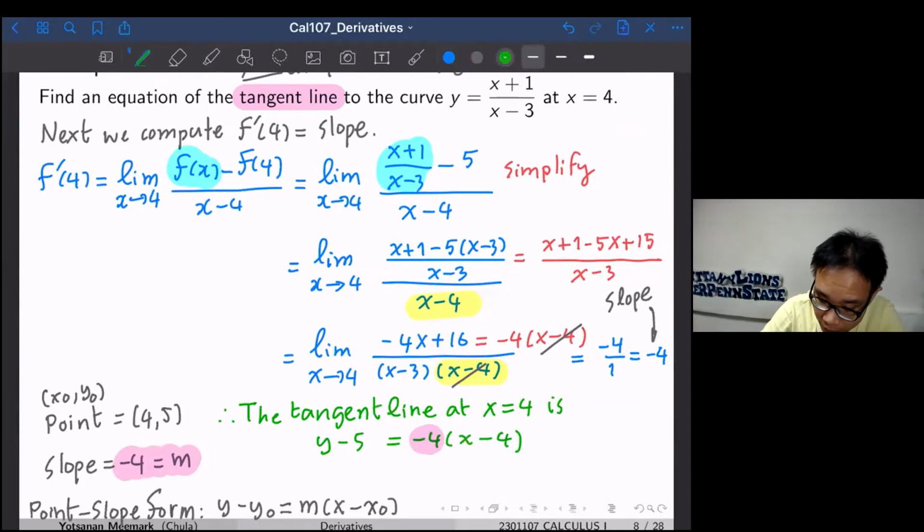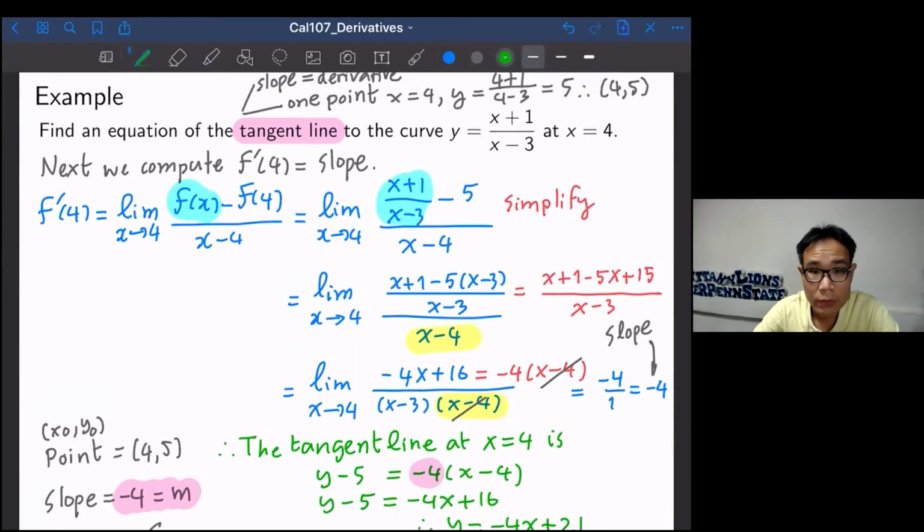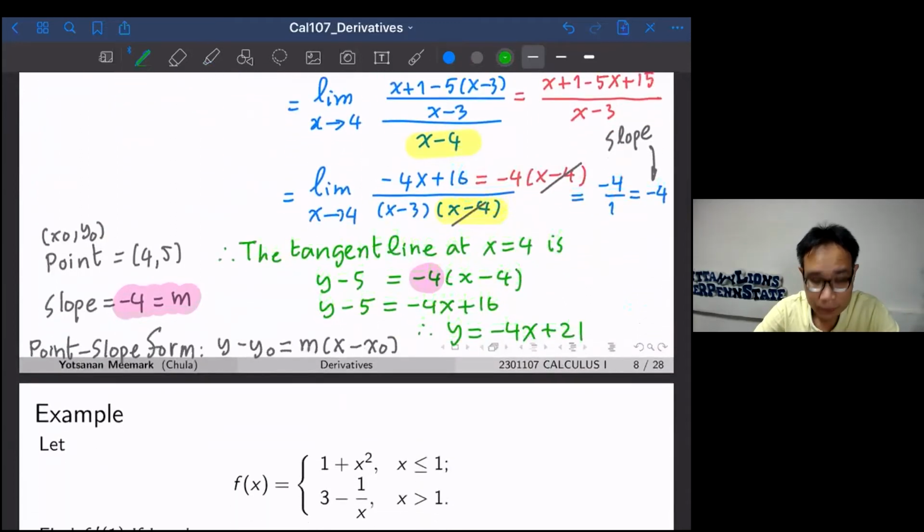In this case, you have y minus 5 equals negative 4x plus 16. So you get y equals negative 4x plus 21. So this is the equation of the tangent line that we have. So this is this example.